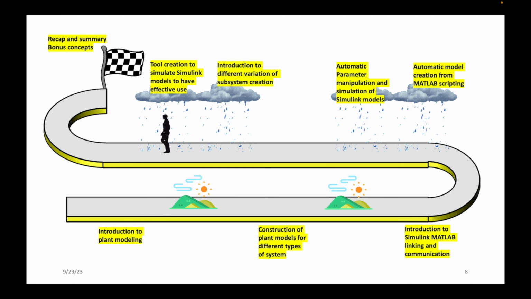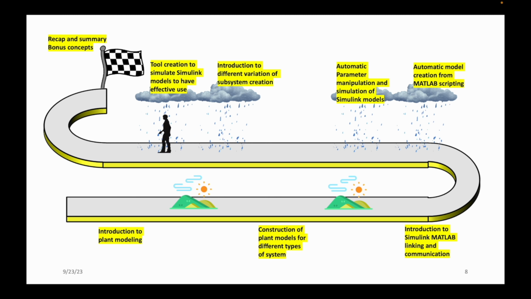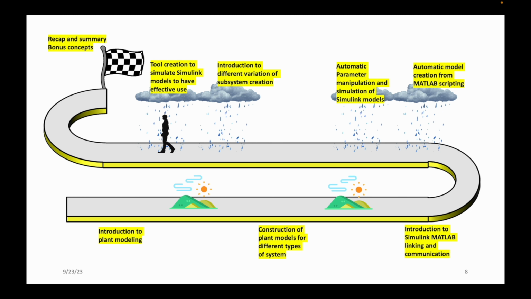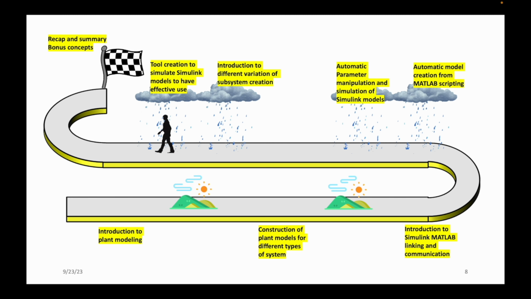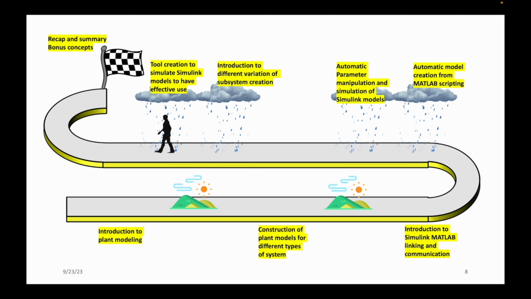So based on whatever we understood, we will create the tools. We can create separate tools which will use these models internally and run the model, and variation in parameters can be introduced by using these tools, and we can simulate the model and get different outputs.